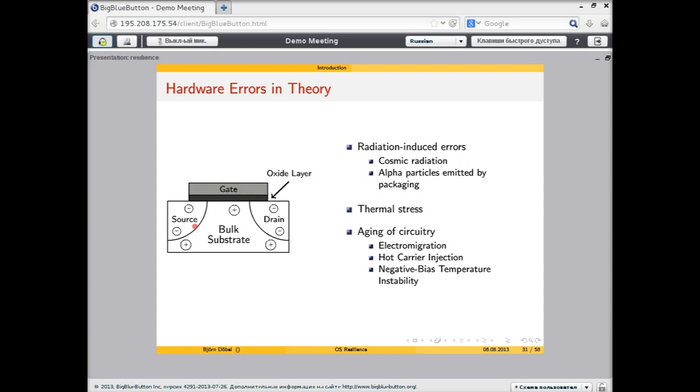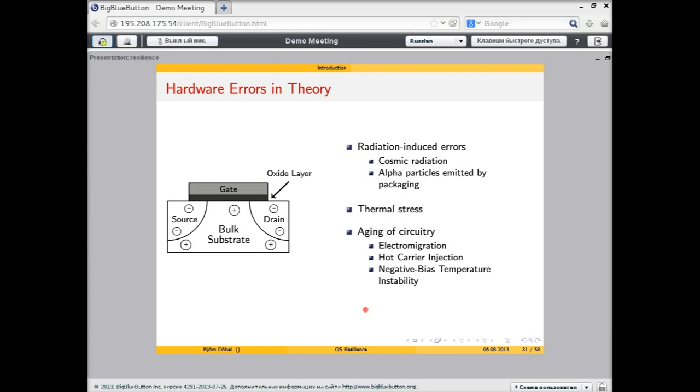And this leads to two other effects called hot carrier injection and negative bias temperature instability, which in the end lead to the oxide layer wearing out or becoming charged with either positive or negative particles. And when this happens, then the threshold voltage of your transistor also changes, and it might either change to a very high value, which means you cannot switch the transistor anymore, or it may change to a very low value, which means the transistor is also not going to switch anymore because it's simply always having the state 1.